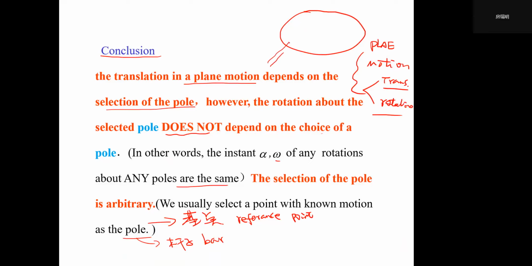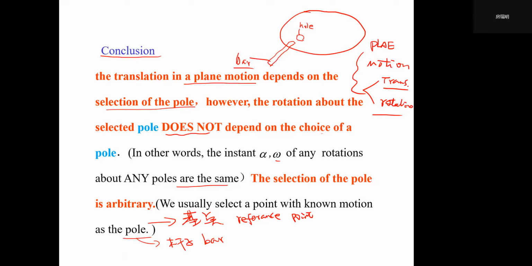You can think I have a bar. Let me show you. I use this bar to poke this figure, and then here we'll have a hole.